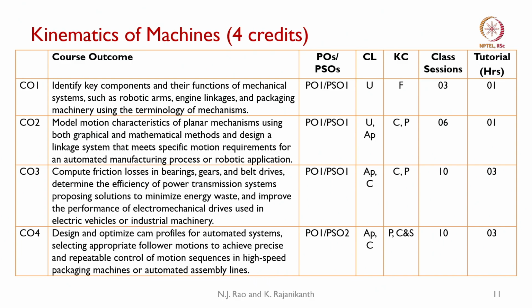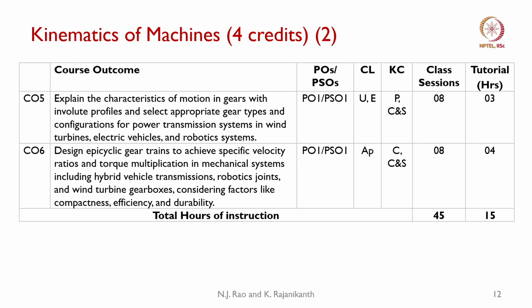Let me present one more of the same thing. CO5: explain the characteristics of motion in gears with involute profiles and select appropriate gear types and configurations for proper transmission systems in wind turbines, electric vehicles and robotic systems.